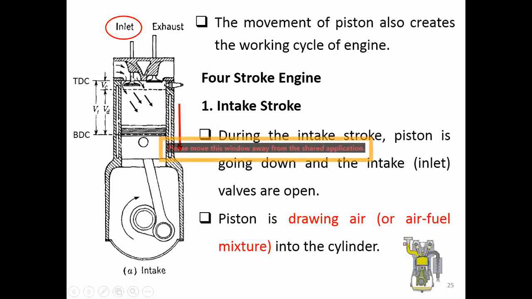Since the piston is moving down, it creates a suction condition in here. So when the intake valve opens, the air or the air-fuel mixture can flow into the cylinder easily. This piston is drawing the air or the air-fuel mixture into the cylinder during the intake stroke.